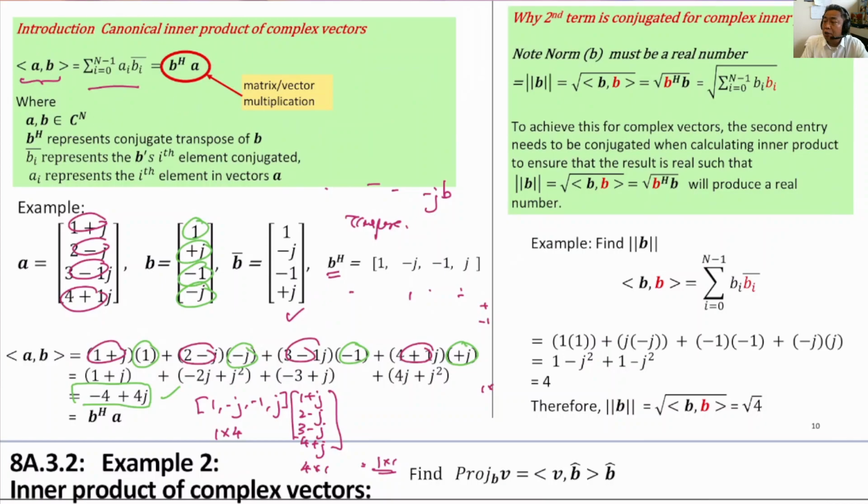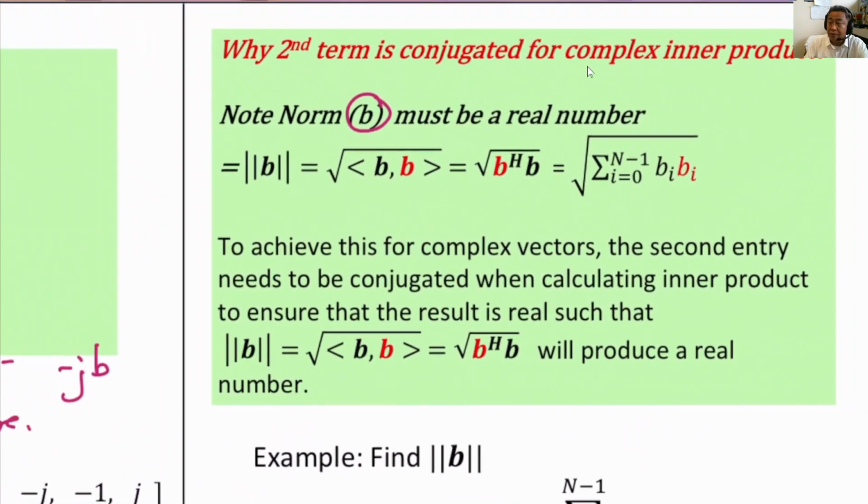Let's discuss what a norm is. Well, a norm must be a non-negative real number. It can be 0 only when the vector B is the 0 vector.